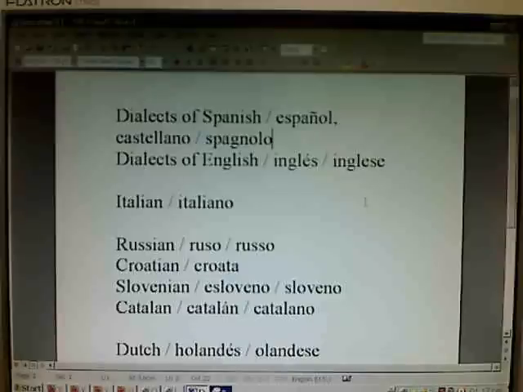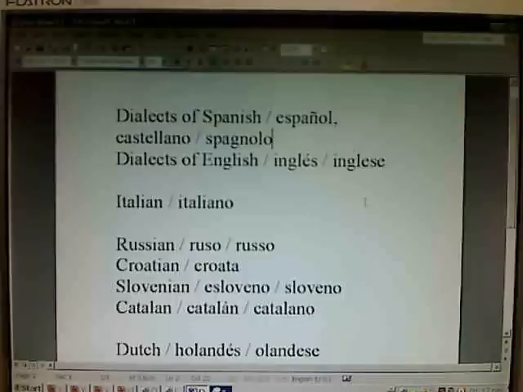Well, that's what I'm focusing on. I'm also interested in English-based Creole languages, like for example Jamaican Patois, which is very interesting.